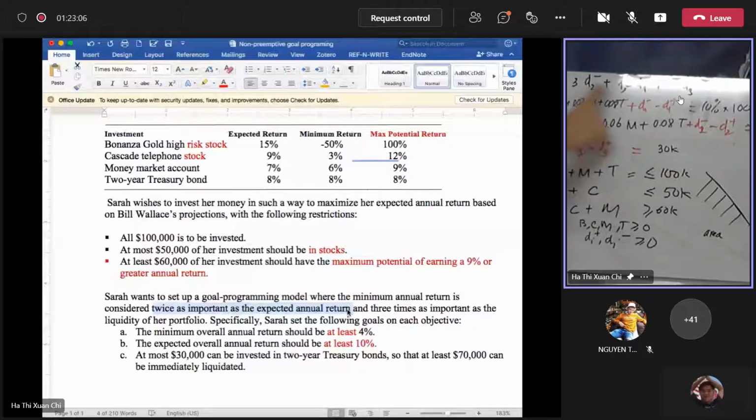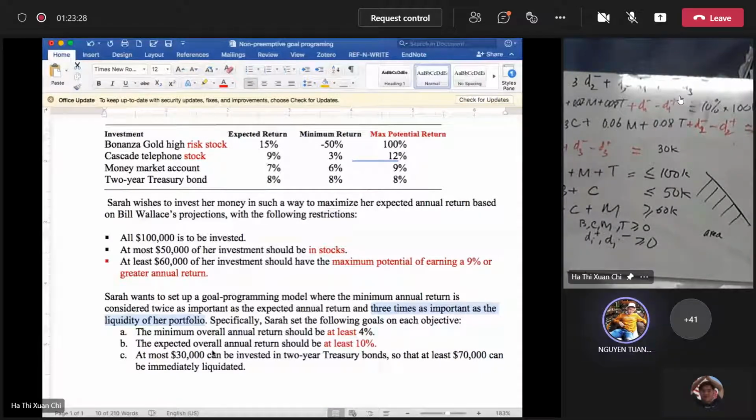So here that is twice, right? And here that is 3 times, so 3 times as important as the liquidity of her portfolio. Okay? Okay, then I understand. Thank you.